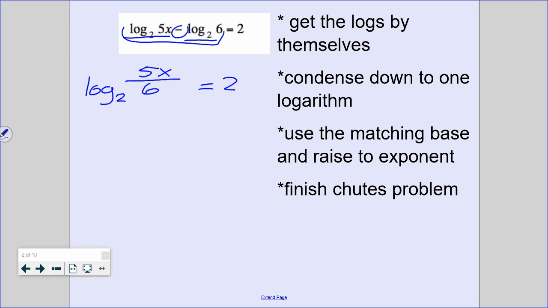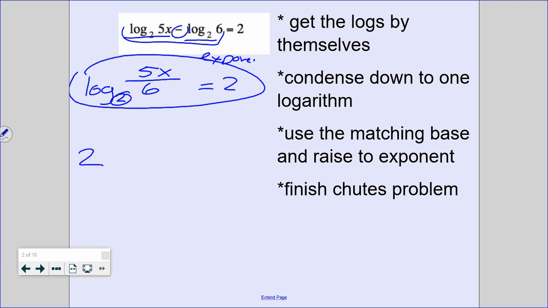Now we have to use the matching base of our log to undo our log. What's the base of our log? 2. So we're going to use a 2, and all of this becomes an exponent. So it's 2 to the log base 2 of 5x over 6 equals, if I use base 2 on the left side, you use base 2 on the other side, and a 2 became my exponent.